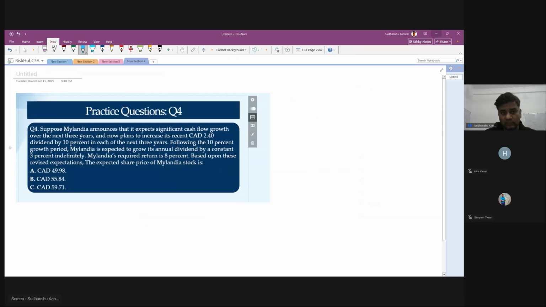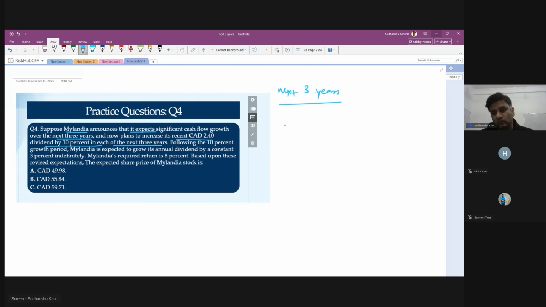Suppose again same company Mar India announces that it expects significant cash flow growth over the next 3 years, and now plans to increase its recent 2.40 dividend by 10% in each of the next 3 years. You are fine, right? So next 3 years, they are saying that we want to increase its recent dividend by 10% in each of the 3 years.